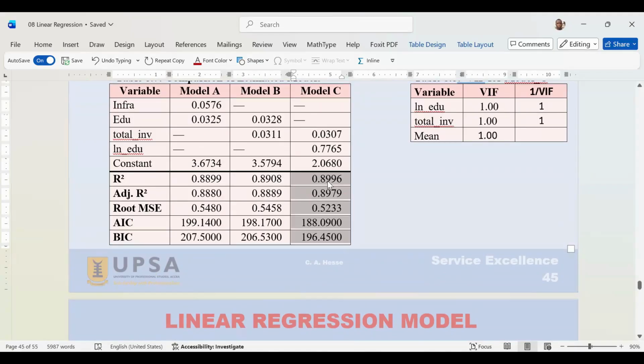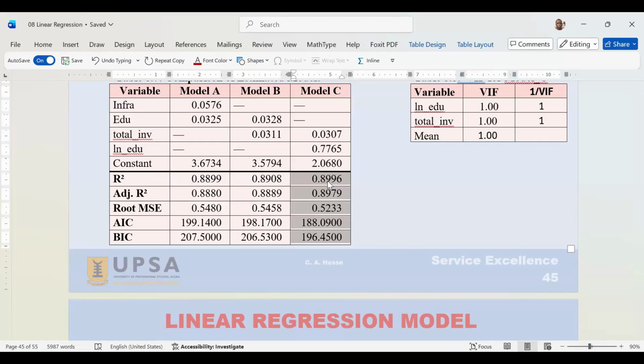Adams: Prof, please, is there any situation where R squared and maybe adjusted R squared give you the highest, but the root mean square is also giving you the highest instead of the lowest? In that case, which one do we base our decision on?